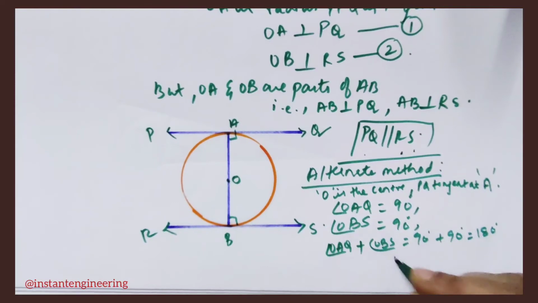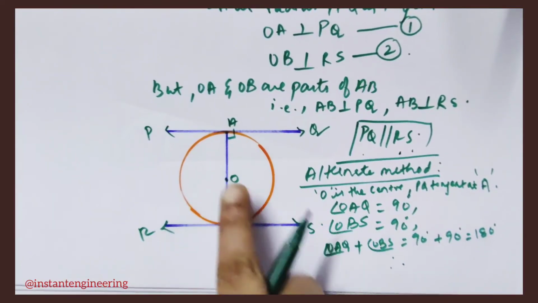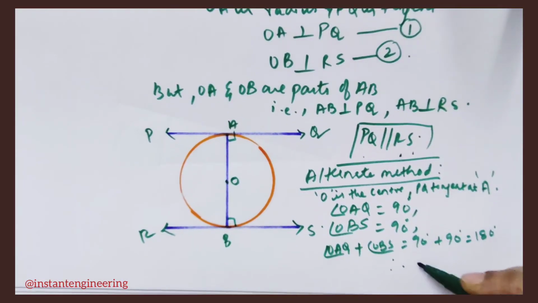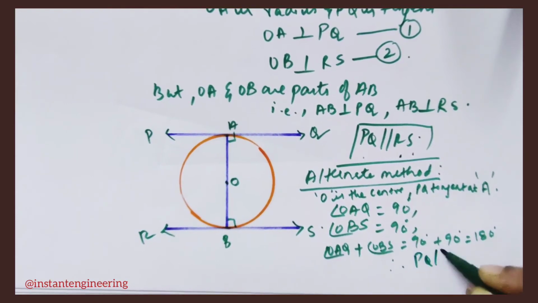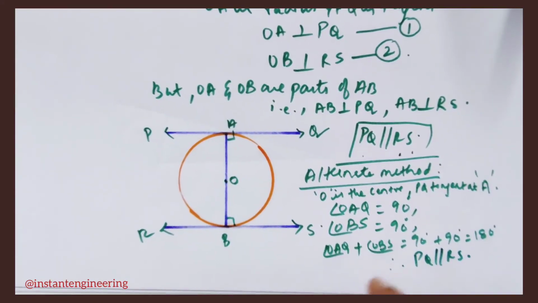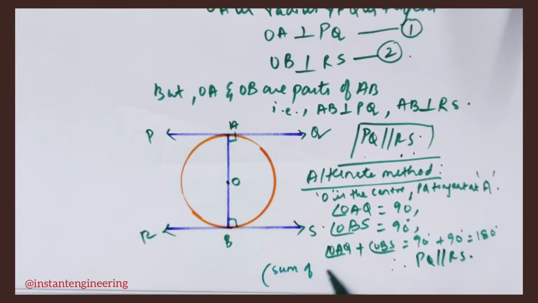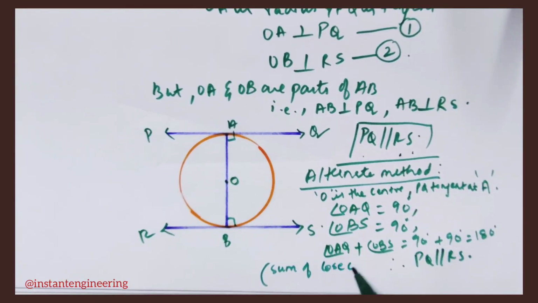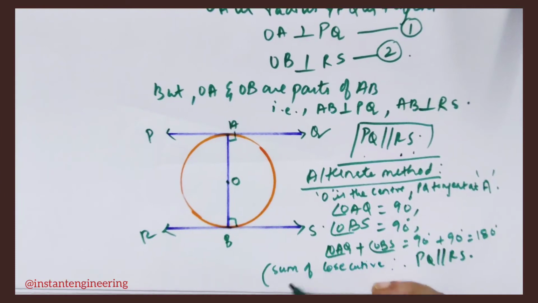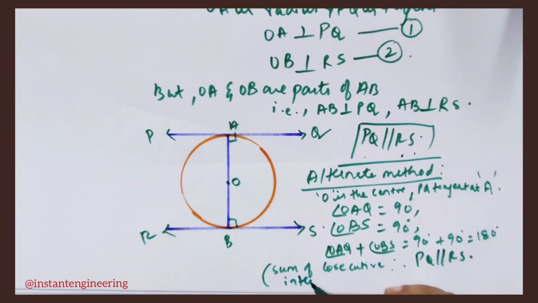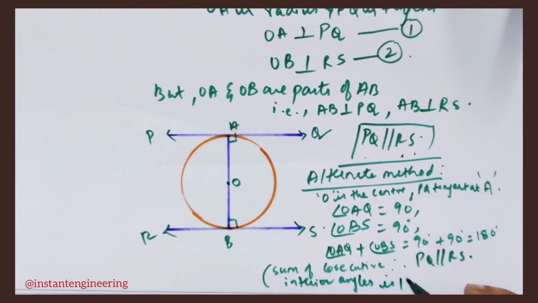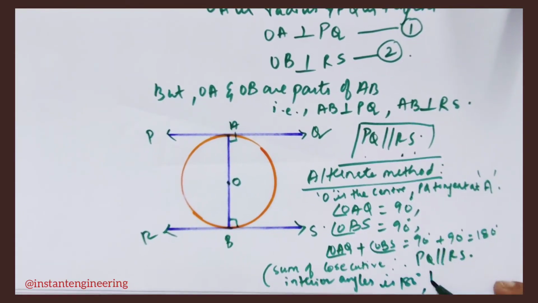If these two add up to 180 degrees, that means PQ is parallel to RS. The sum of consecutive interior angles is 180 degrees, hence the lines are parallel.